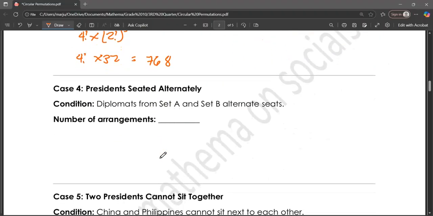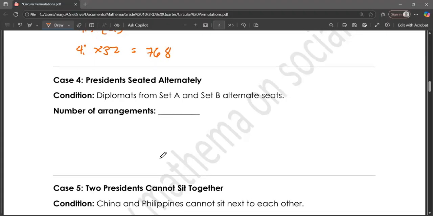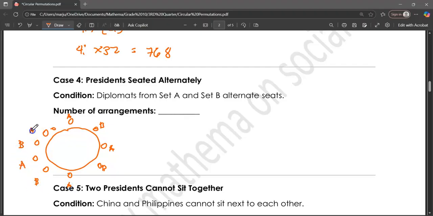Let's do number 4. Diplomats from set A and set B alternate seats. So they are sitting alternately. If we're going to draw that, we have seats 1, 2, 3, 4, 5, 6, 7, 8, 9, 10. So this will become A, B, A, B, A, B, A, B, and of course A and B. Just sitting alternately. Now, what we're going to do here is treat set A as one block and set B as one block.